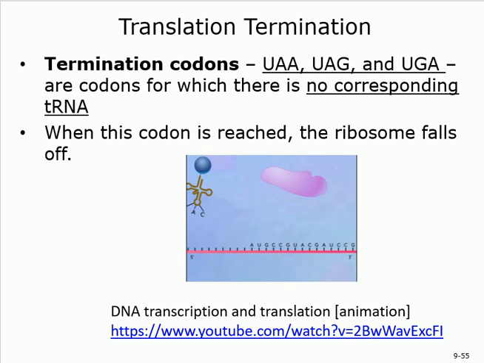Here are the termination codes again. And these termination codes do not correspond to transfer RNA. Are we clear? The wa, wag, waga, these termination codes, the stop codes, are not going to be translated. So if there is a transfer RNA for any one of those 3, no. When you see it, you stop.